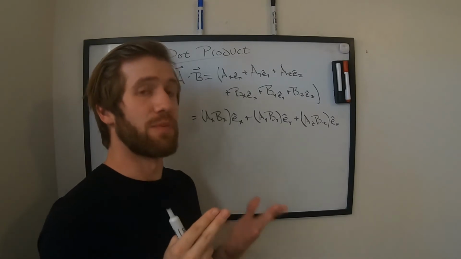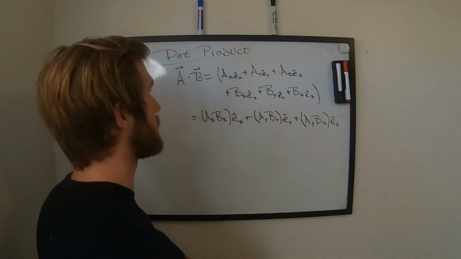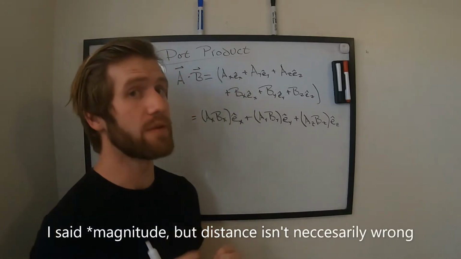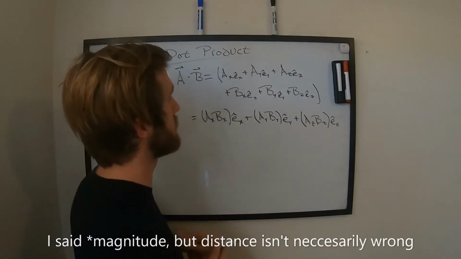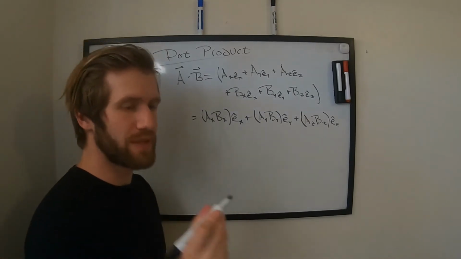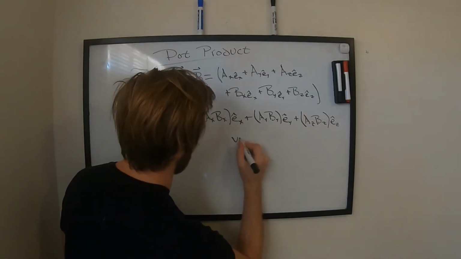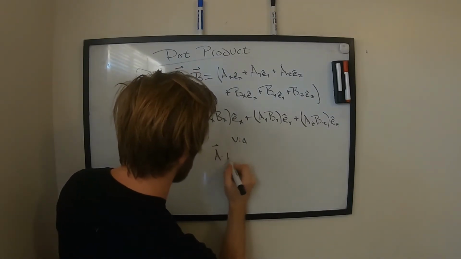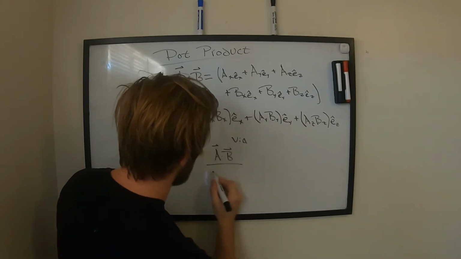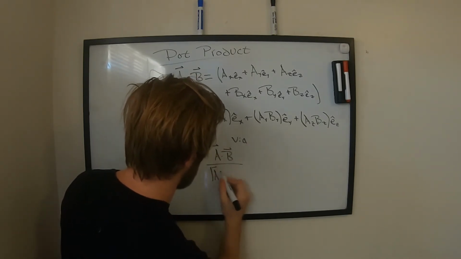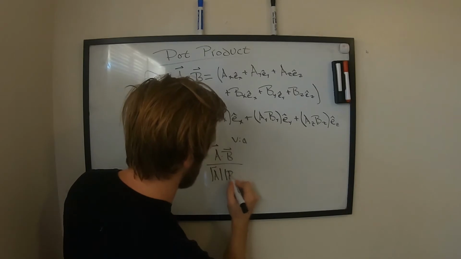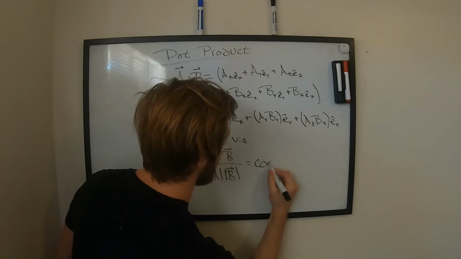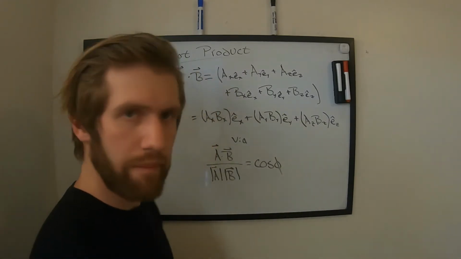And I mentioned before that when you solve the dot product, you can find out the net distance between them and the angle associated with those two vectors. And that is represented via, so like we did, A dot B over the magnitude of A times the magnitude of vector B. And that is equal to the cosine of the angle between them.